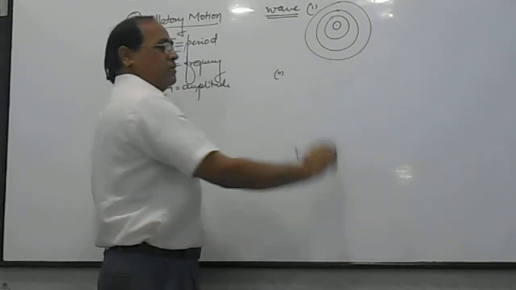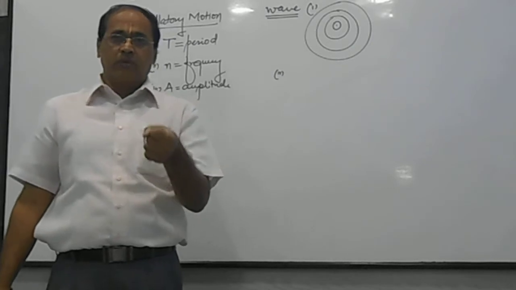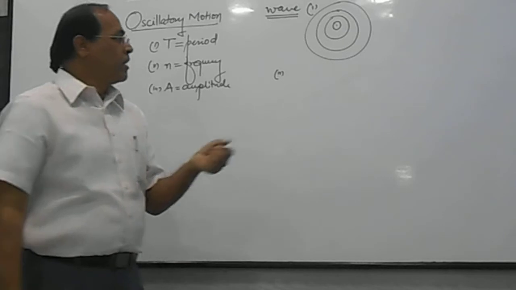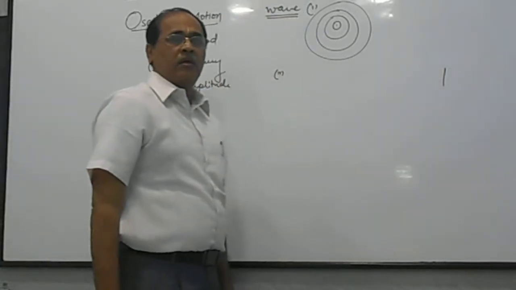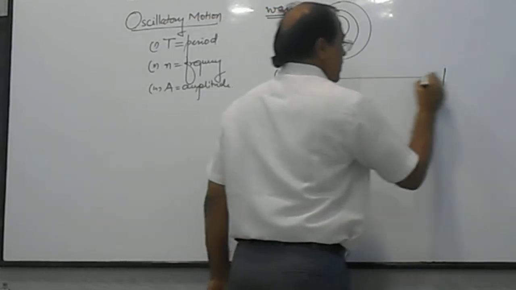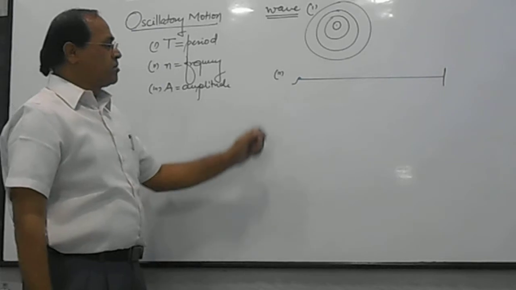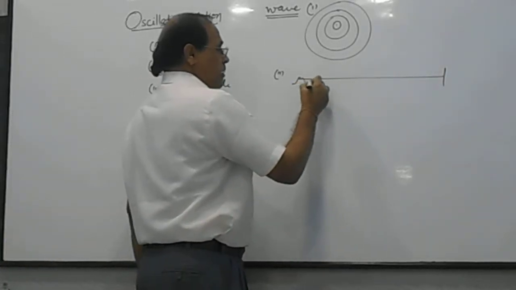Second example, if you simply take a rope or string in one hand, and at another end you just clamp it. If this is a string, hold it in your hand, just give a small jerk. If it is loose, then it behaves like this.